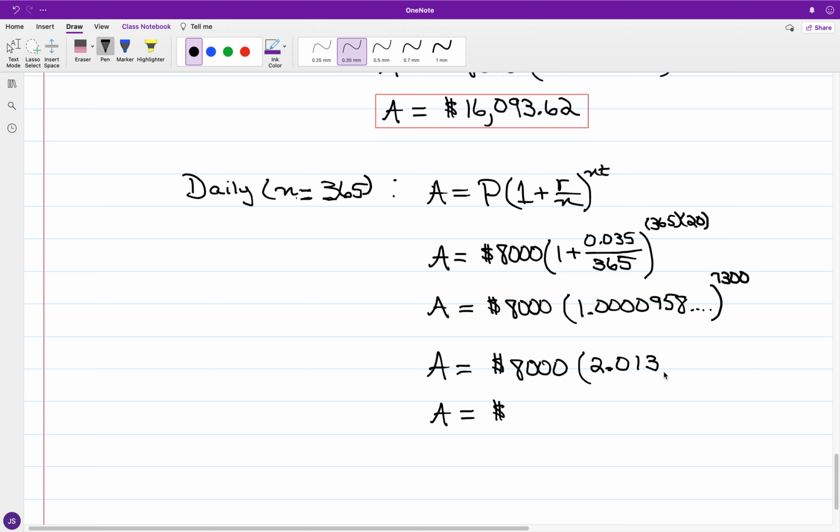And so we have P, again, at $8,000. And for e to the r times t, r is 0.035, and t is going to be 20. And 0.035 times 20 is going to be 0.70.